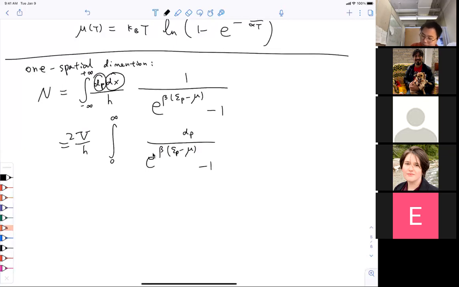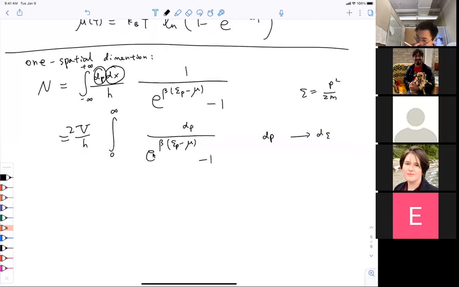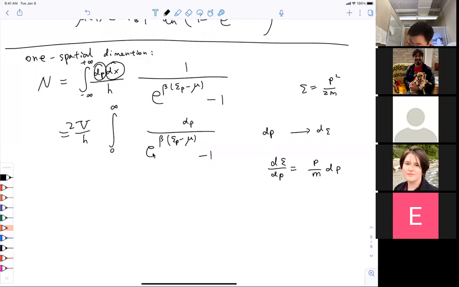Now, similarly, I convert this dp to d epsilon, the energy, right? Remember, energy is this. So what's the result? Sorry. So d epsilon equals p over m dp. So dp equals m divided by p d epsilon.